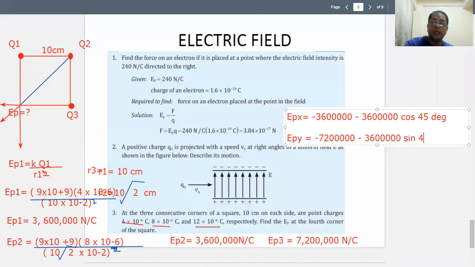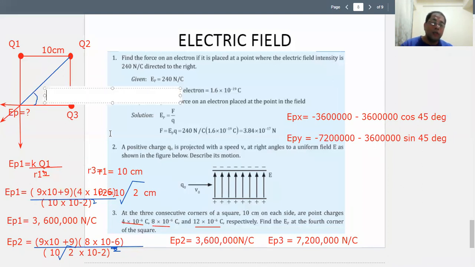And this one is sine of 45 degrees. Again, the angle is 45 degrees because you're dealing with a triangle, so the angle is between our lines. So this must be around 45 degrees, so the angles between our electric fields will also be 45 degrees.